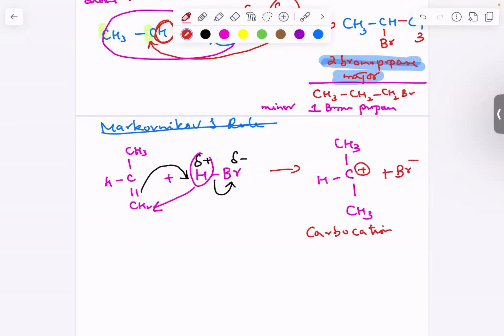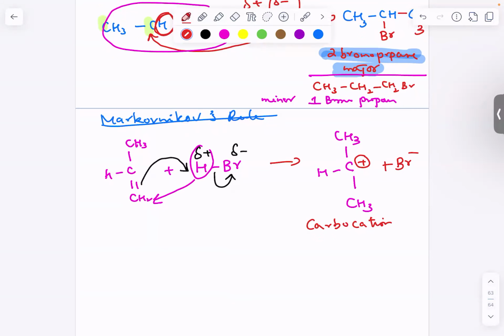Now have a look at the carbocation you have formed in this way. Which type of carbocation is it, can you tell me, Zena? Is it secondary? Well done. It's a secondary carbocation. Have a look, it is bonded to two R groups, so that is why it is called a secondary carbocation.